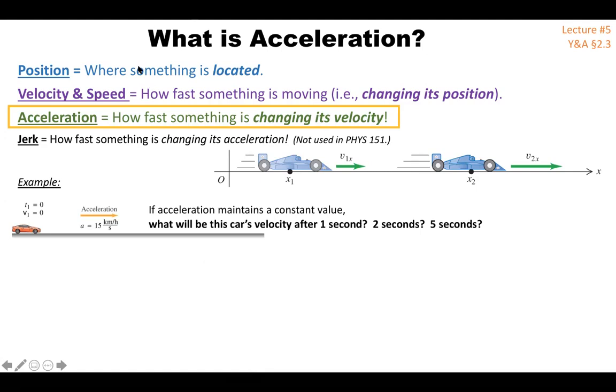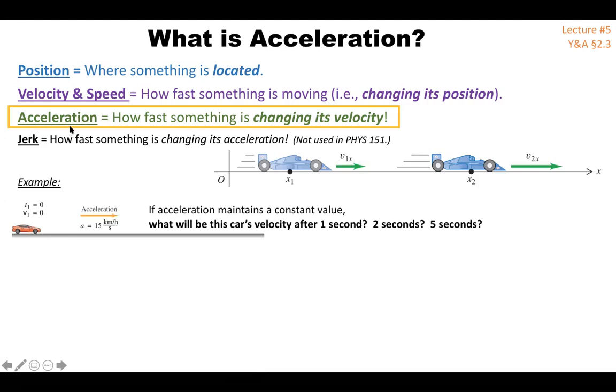Remember that the definition of velocity is the rate at which an object is changing its position, where position is simply where it's located in space. So velocity was expressed as a rate of change with respect to time, okay? How much does the position change, delta x, in a particular amount of time, delta t?